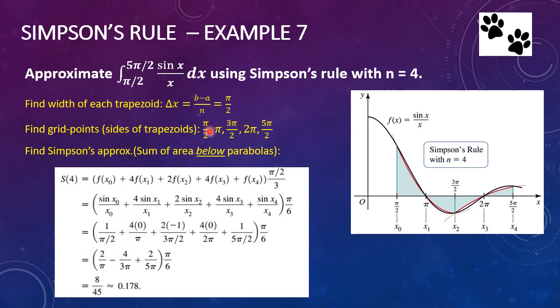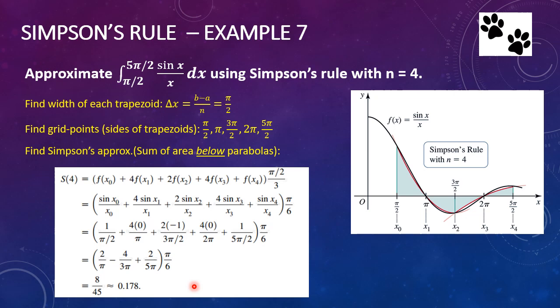Then 4 times f of x sub 1, so 4 times the sine of pi over pi, and then 2 times f of x sub 2, and 4 times f of x sub 3, and plus f of x sub 4, the very last value. We can see then that at pi or 2 pi, sine is 0, so we've lost a couple of those values, and the whole calculation is here.